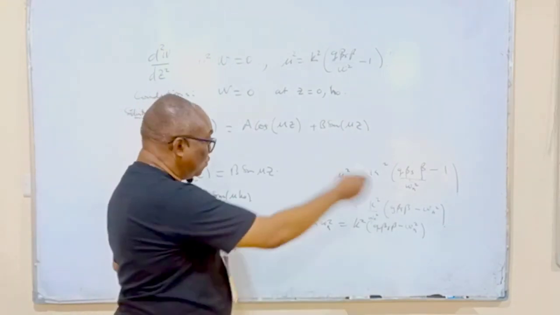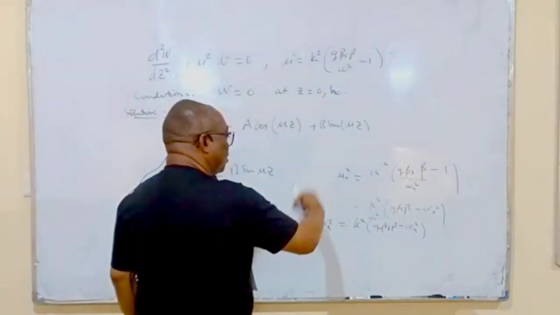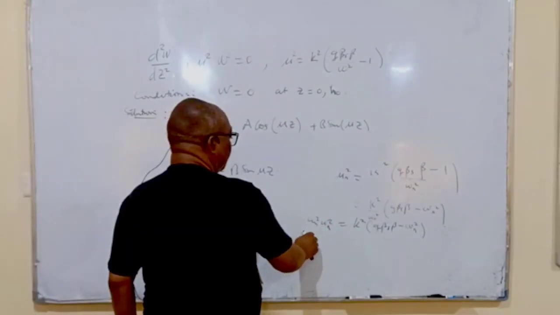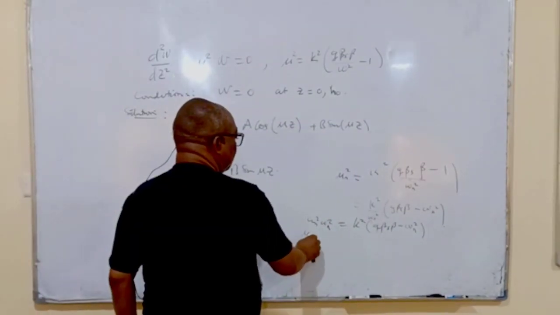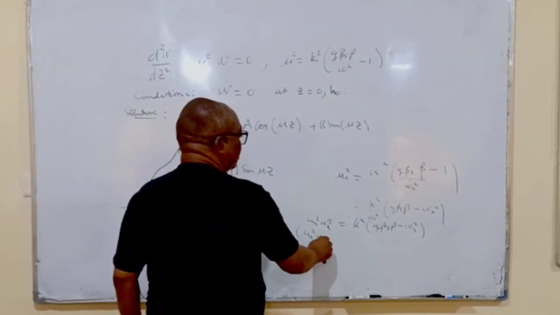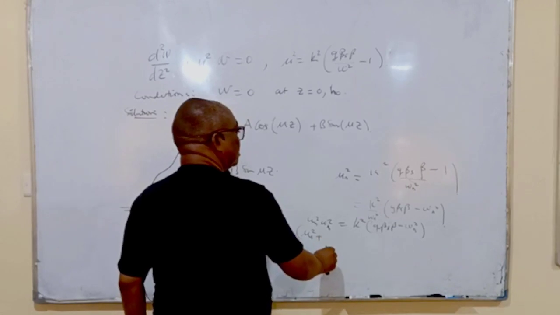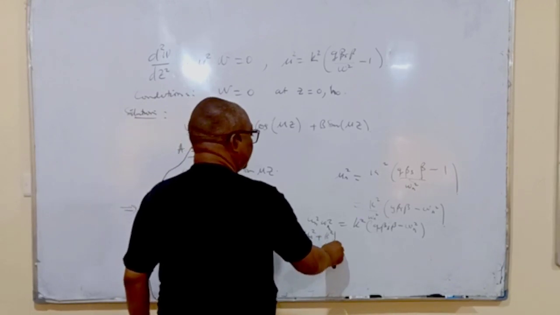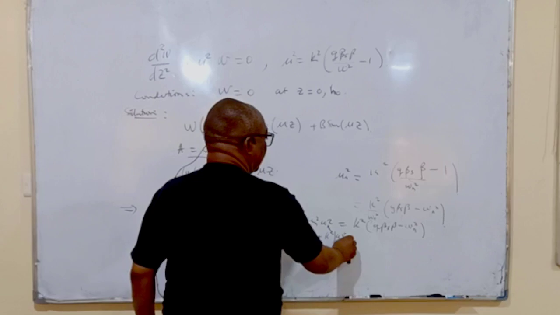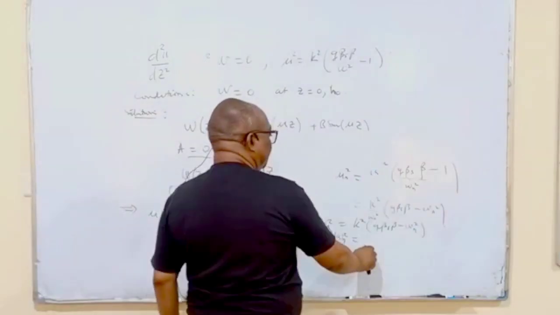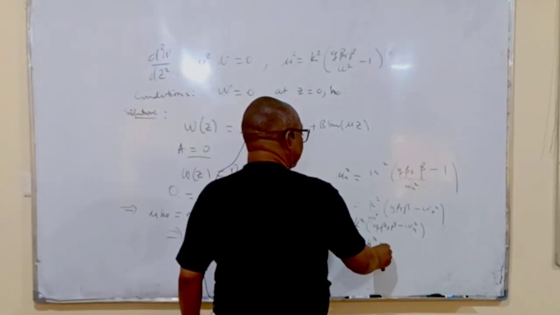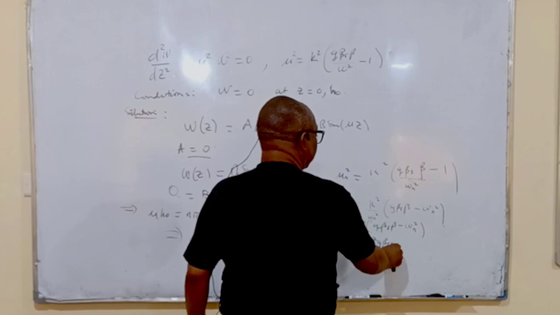This coming over here will become plus. So you're going to have mu n squared plus k squared omega n squared will give you k squared g beta s beta.